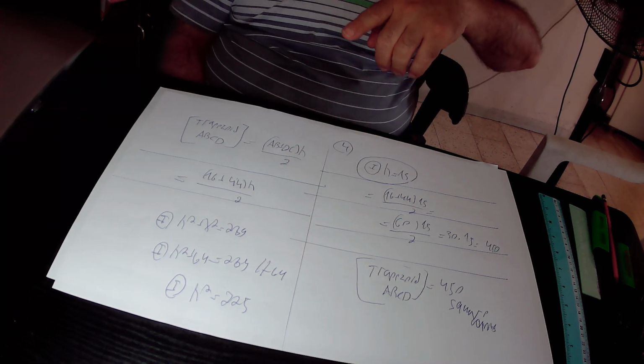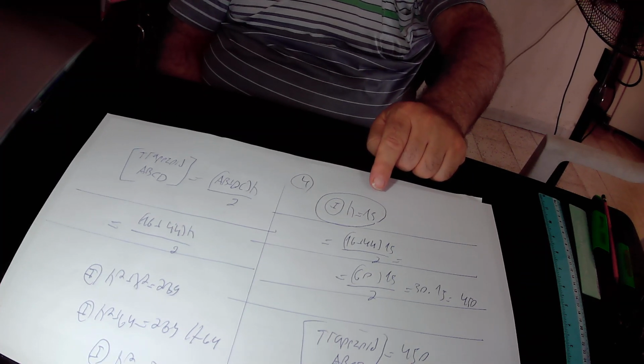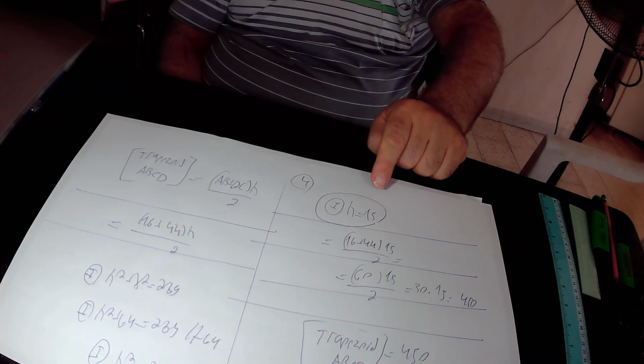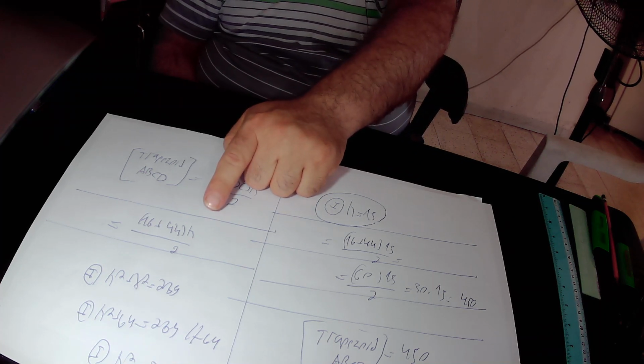Here we take the square root of this equation, and find that h equals the square root of 225, that is 15. So we can substitute h in this equation by 15.